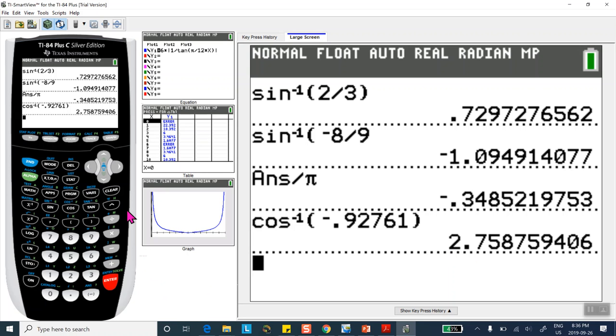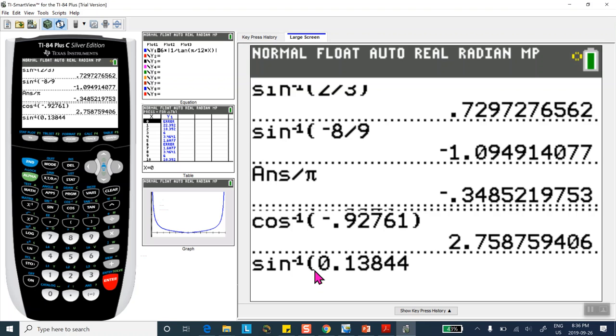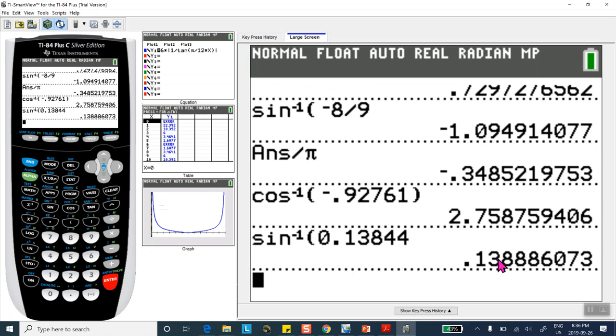Let's move on to number 16. That says sine inverse. So second function, sine inverse, 0.1313844, and enter. There we are.